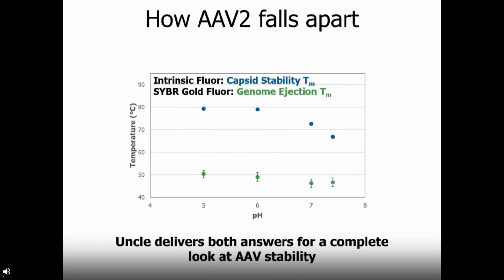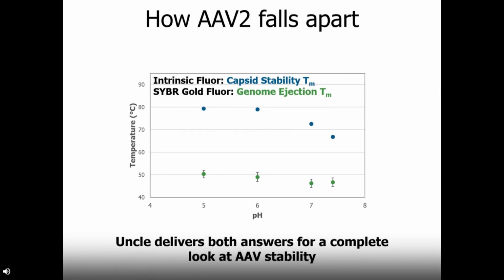And if we wrap everything up in one nice graph, we can check out our AAV2 sample and look at various different pHs and see that pH has very interesting effects on both capsid stability and genome ejection.